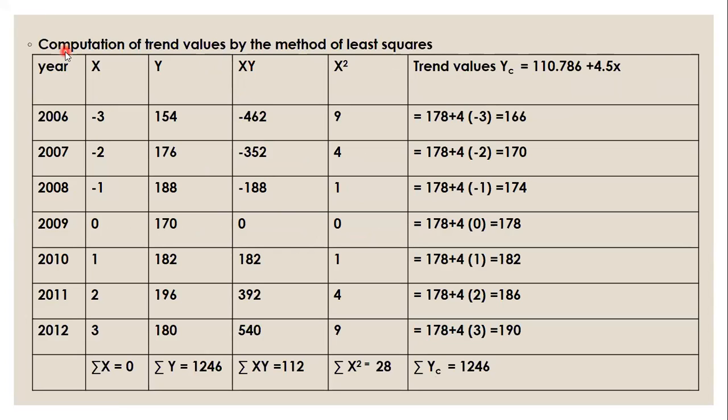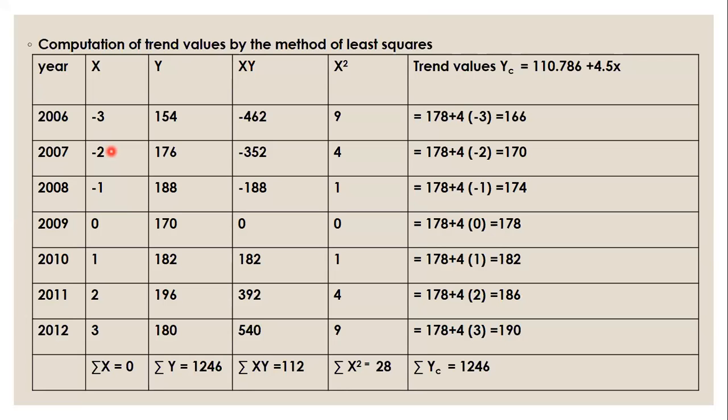First, give the heading computation of trend values by the method of least square. Then copy down the year from the question, and then assumption of x is going to be like this hereafter. This is the easiest way to assume x, because you will save a lot of time in calculation and solving the simultaneous equation.